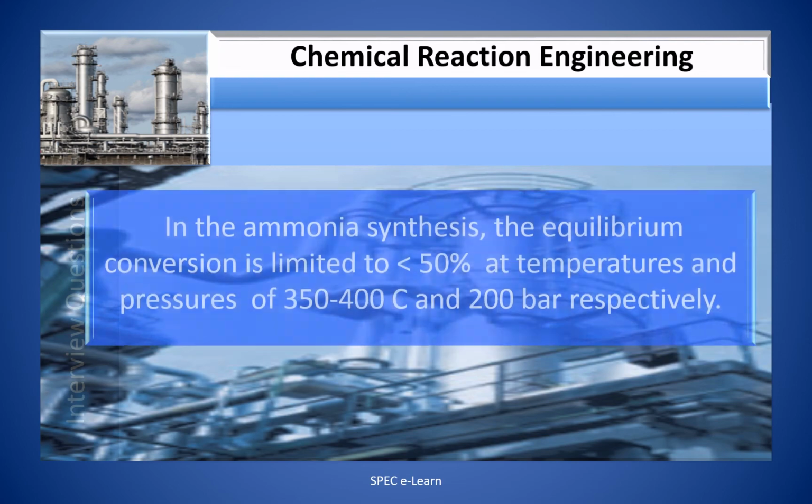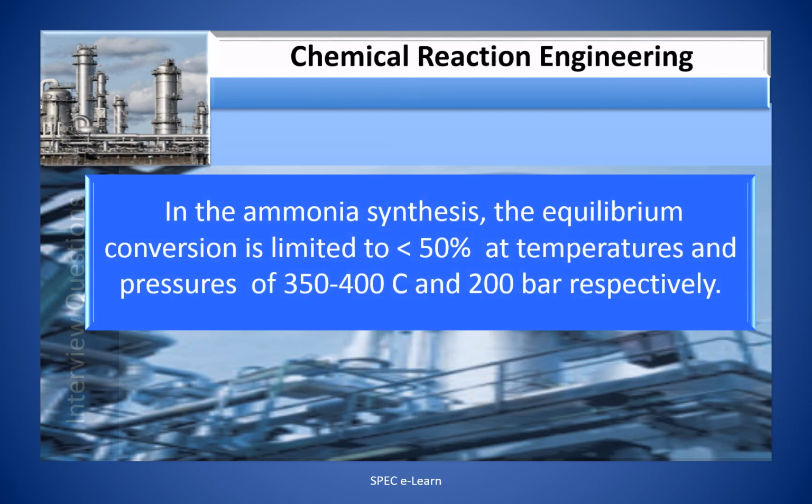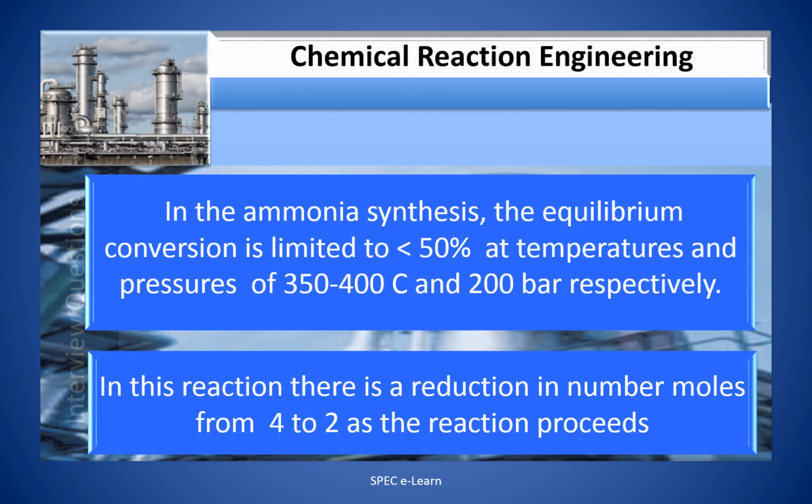In the ammonia synthesis, the equilibrium conversion is limited to less than 50% at temperatures and pressures of 350 to 400 degrees centigrade and 200 bar respectively. In this reaction, there is a reduction in number of moles as the reaction proceeds, from 4 to 2.